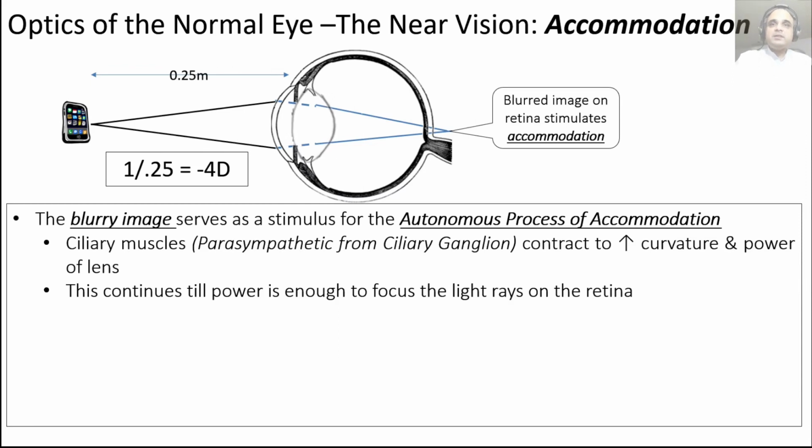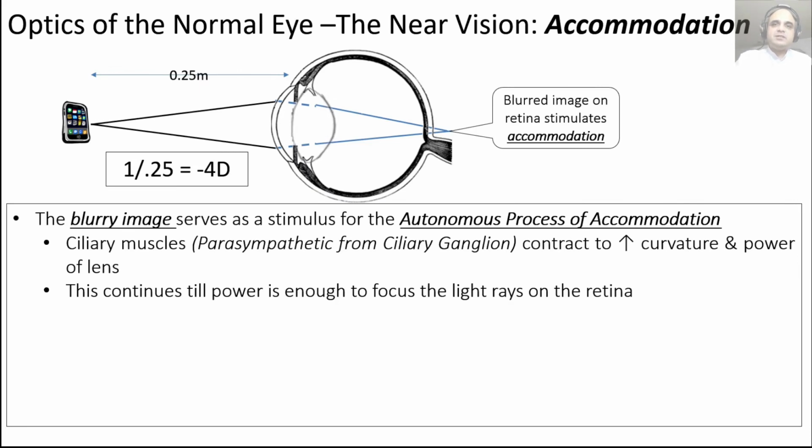And obviously, you will have near objects lying at varying distances. So it only needs to increase its power enough so that light rays coming from that object are focused, which in this case would be taking the power of the eye from 60 to 64, so that we can neutralize this -4. But remember, of this 60, the lens contributes 18.